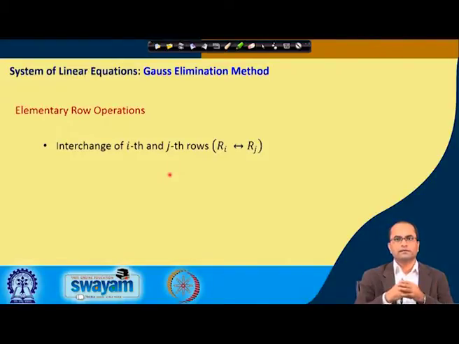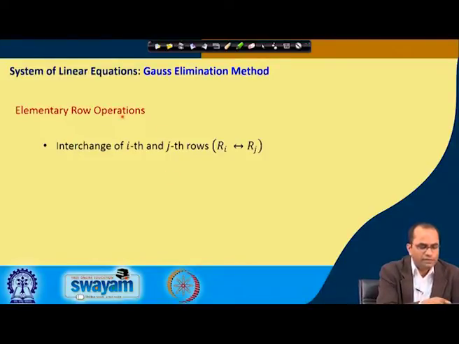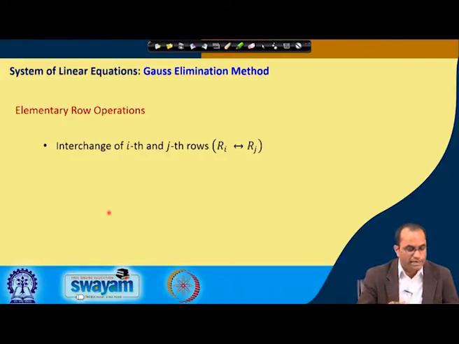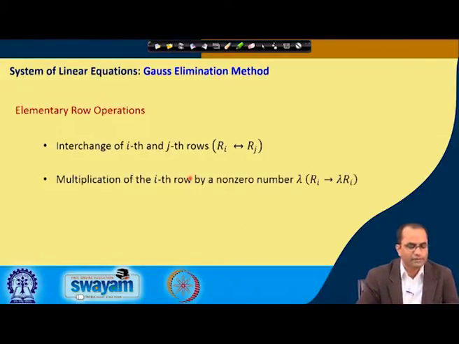So, it has nothing to do with the solution, and that is exactly what we will be doing with the matrix in terms of the elementary row operations: we can interchange any two rows of the matrix. The second one, we can multiply the ith row, meaning any row, by a non-zero number lambda.